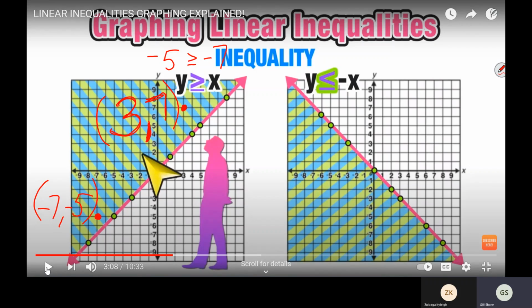Is that true? Is -5 greater than or equal to -7? Think of your number line again if you don't remember how to do it. Is that true? Malik, is -5 greater than or equal to -7? How do you test it?